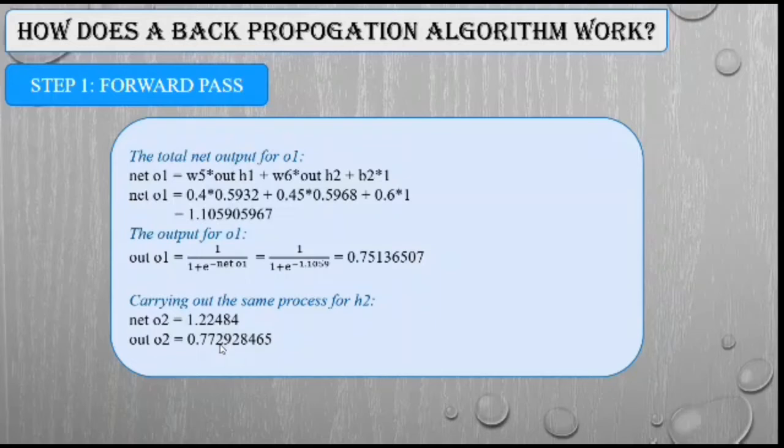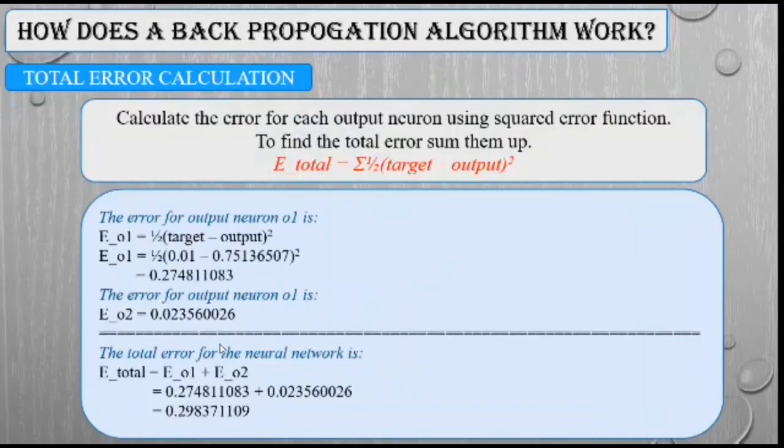Now what we need to do is we need to find the error in prediction. For that, let us first see the formula for finding the error. For that, we need to just subtract the output from the target output and then square it up.